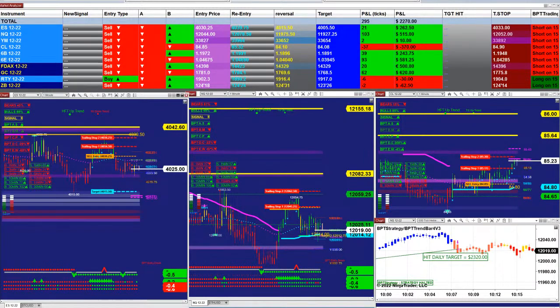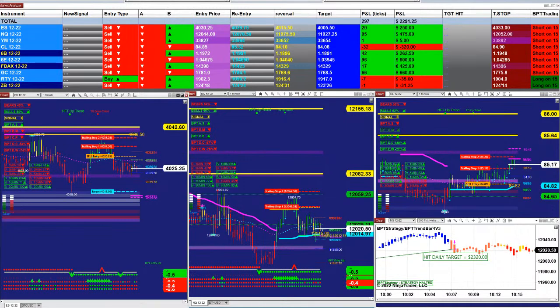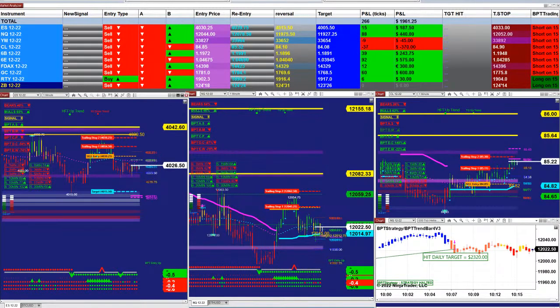The market is extremely mixed. Please be careful. The ES is not moving, so please be careful and extremely tight.